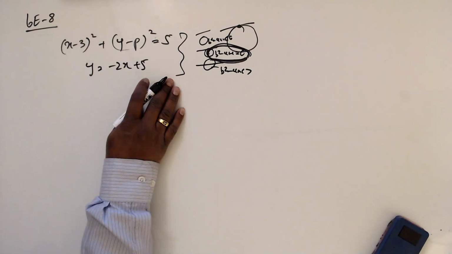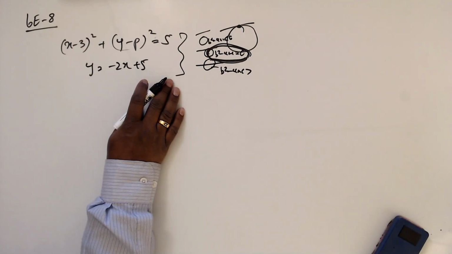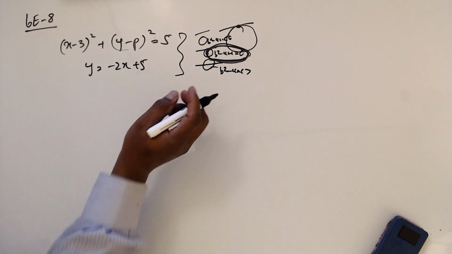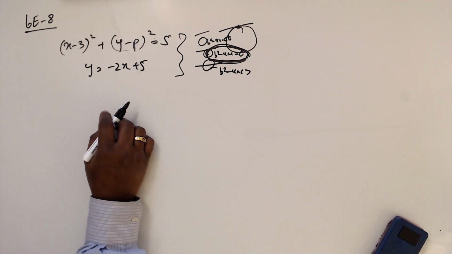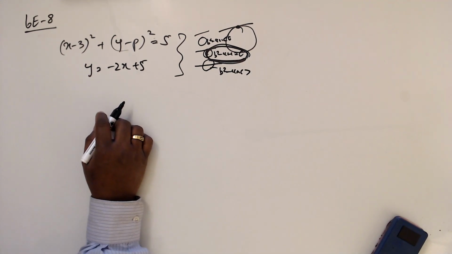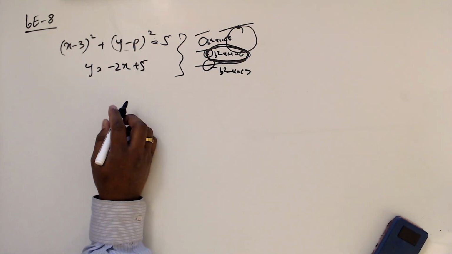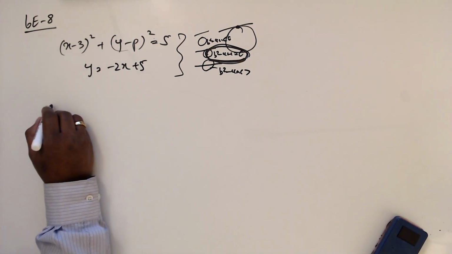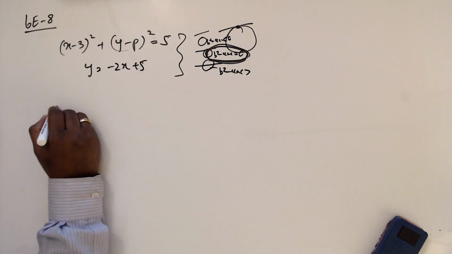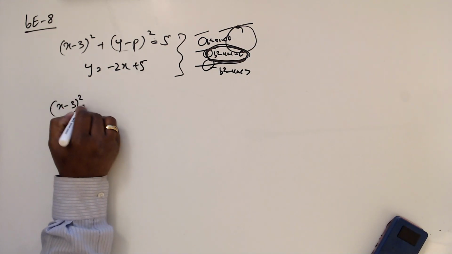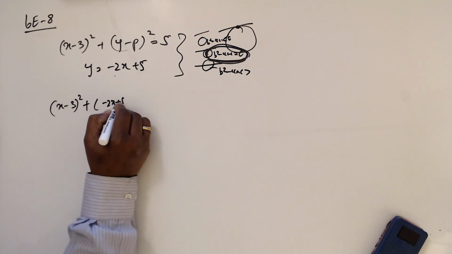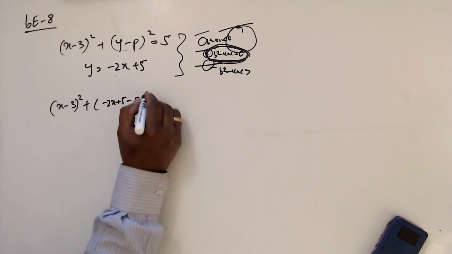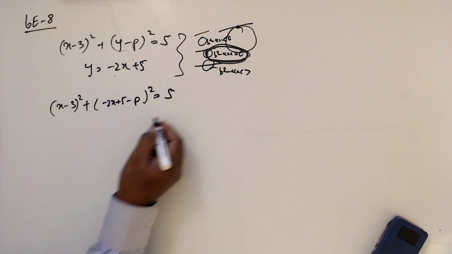So we'll solve this one and we will get a quadratic equation, and then we'll make b² - 4ac equal to 0, and we'll find p. So in (x - 3)² + (y - p)² = 5, instead of y now I am writing y = -2x + 5.